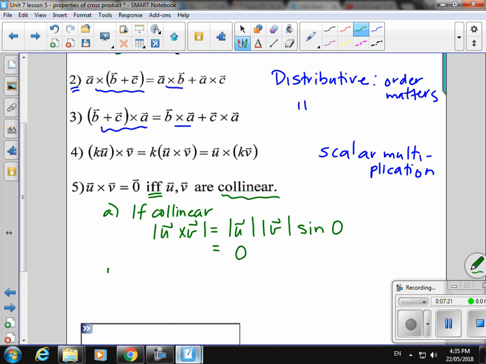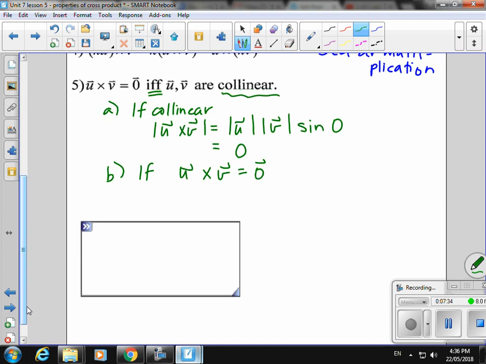If the other direction, if the cross product is 0, then the magnitude of that cross product is 0. Does that necessarily mean that they're collinear? Well, then I know that the magnitude of U times the magnitude of V sine theta is 0.